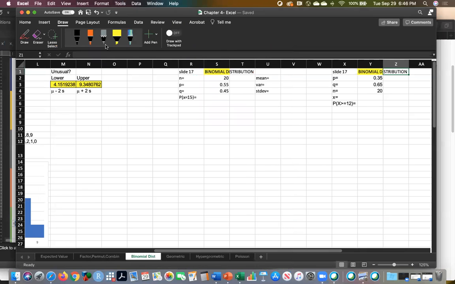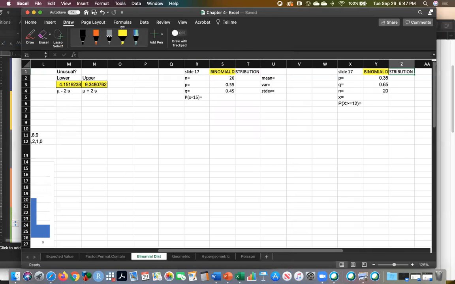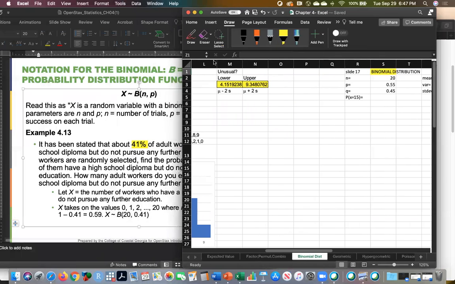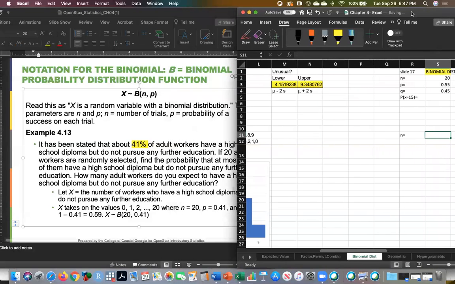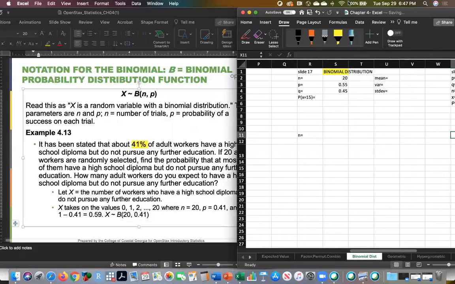So what I'm going to do here is reproduce this case. As I said before, we need an n, which is the sample size. In this case, the sample size is going to be 20. So n is going to be 20.